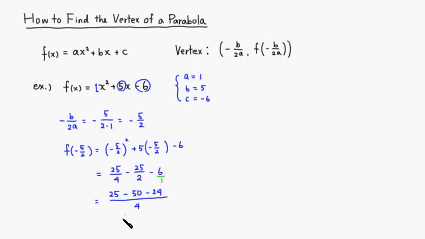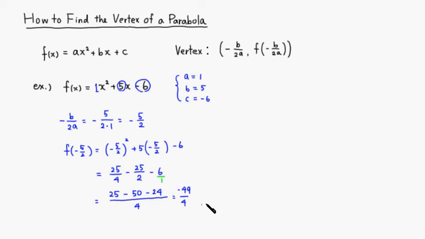So this is going to be equal to, with 4 on the bottom, 25 minus 50, which is negative 25. Negative 25 minus 24 is negative 49.